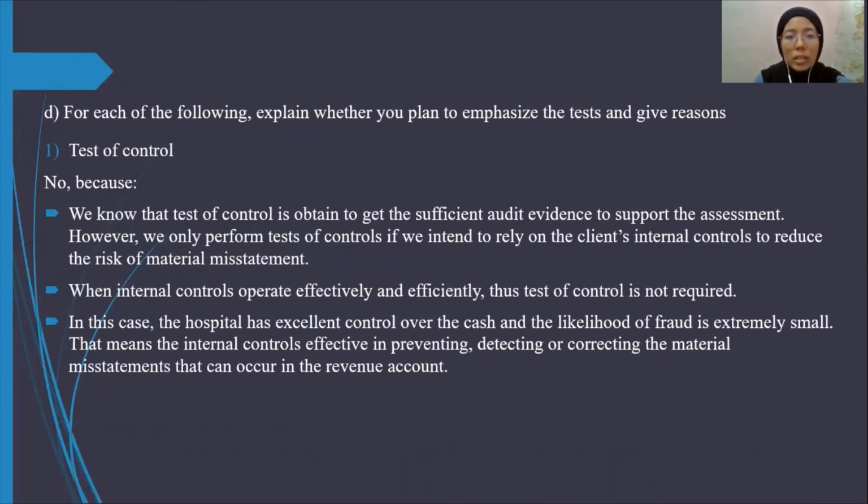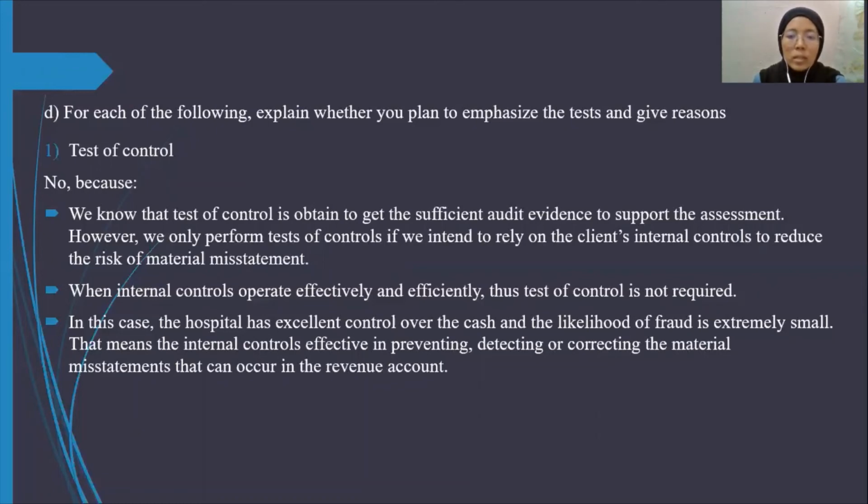The last question is, for each of the following, explain whether you plan to emphasize tests and give the reasons. First is test of control. We plan to not emphasize this test because we know that the test of control is performed to obtain sufficient evidence to support the assessment. However, we only perform the test of control if we intend to rely on the client's internal control to reduce the risk of material misstatement.